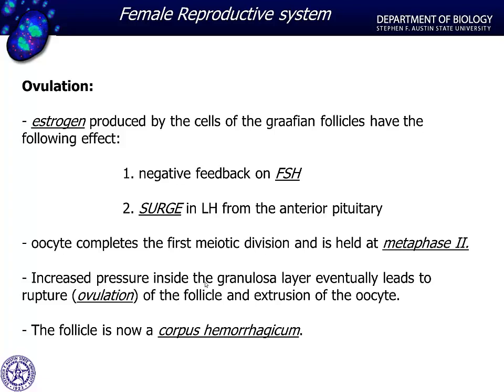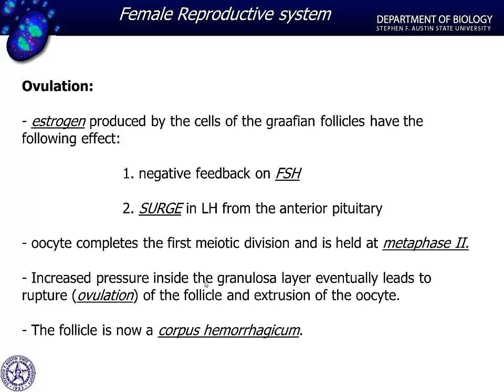So this is going to negatively feed back on follicle-stimulating hormone from the pituitary and shut that down. What else is going to happen is this increased estrogen is going to cause a massive surge of luteinizing hormone. Luteinizing hormone then is going to be the signal to really ramp up the production of liquor folliculi. That increased pressure is going to cause ovulation to occur.